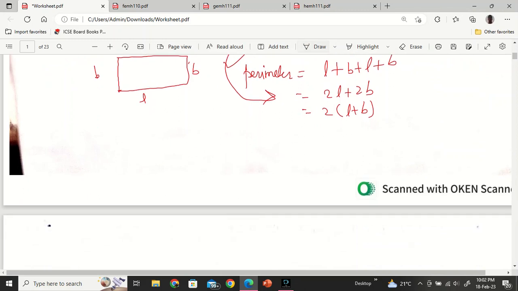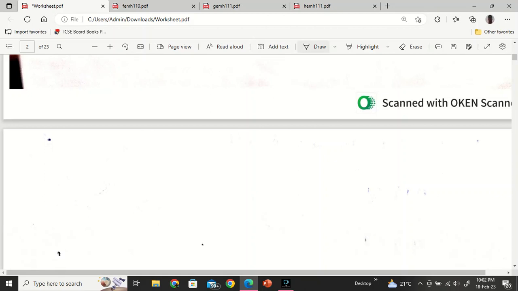But by remembering the formula, you cannot solve perimeter for certain. If I give you a picture like this, it will be very difficult to use the formula of the rectangle.